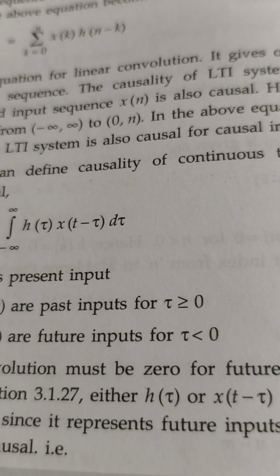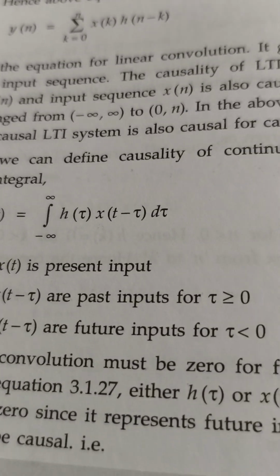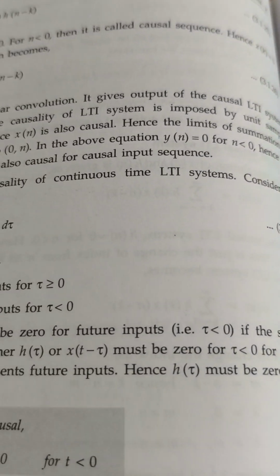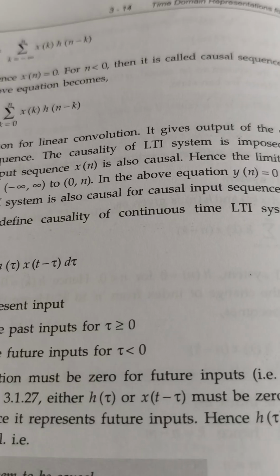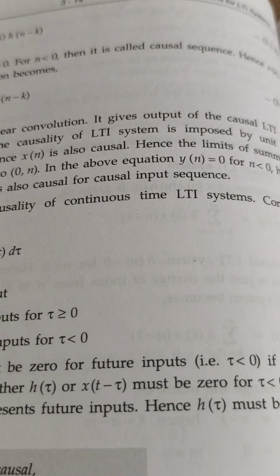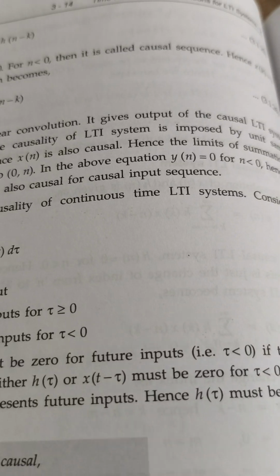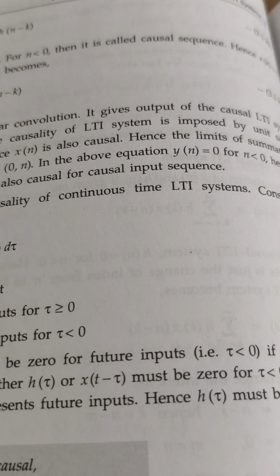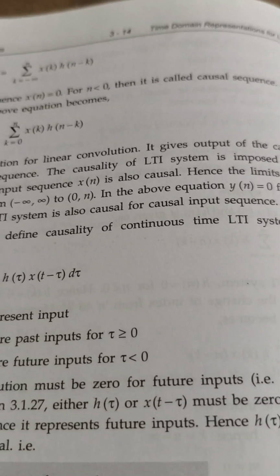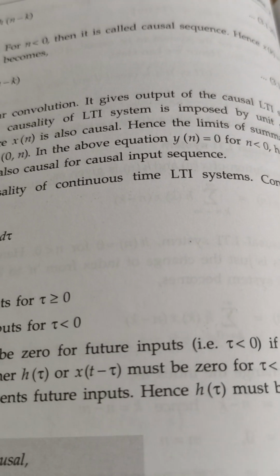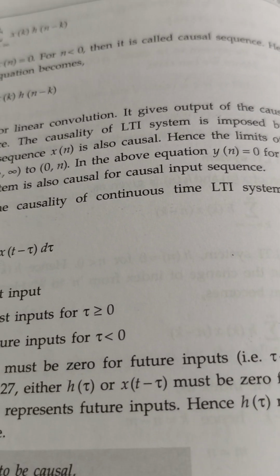Go through my notes, where many different problems are there. Your question bank problems are totally different because they are taken from the standard book by Alan Oppenheim, Willsky, with solved and unsolved problems.